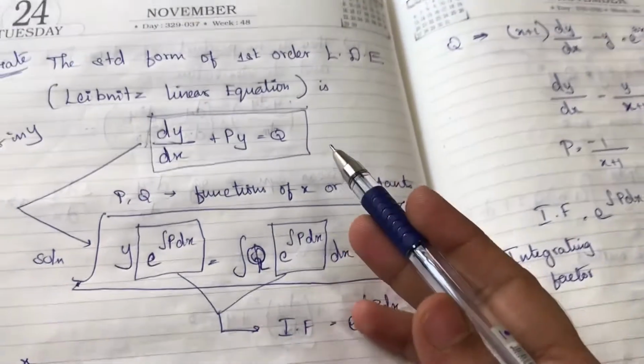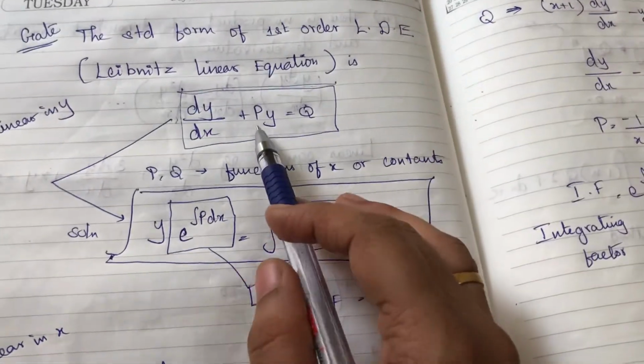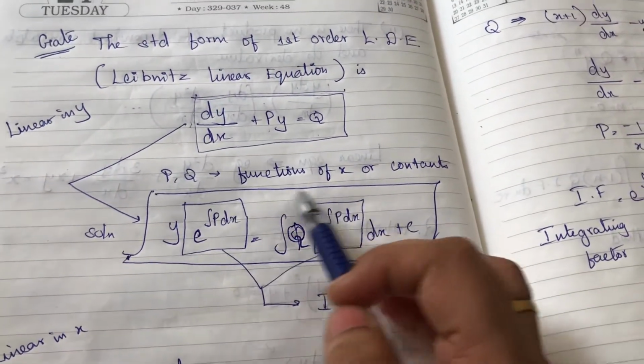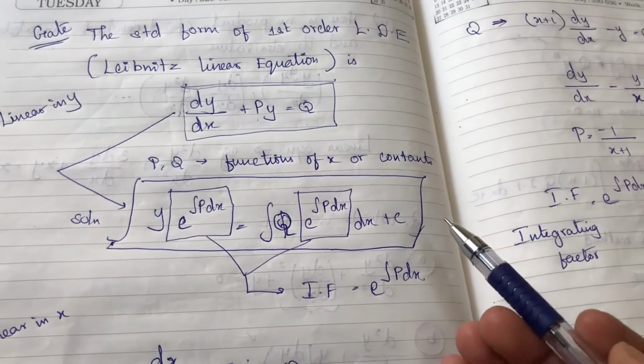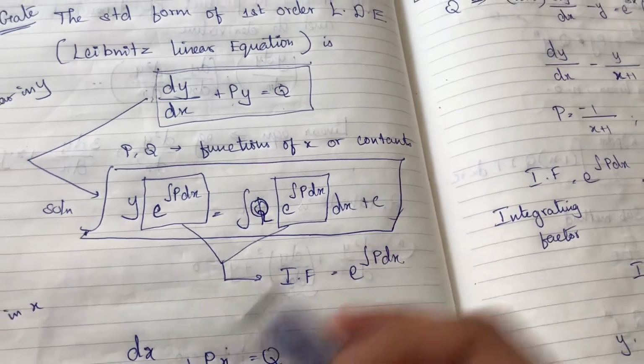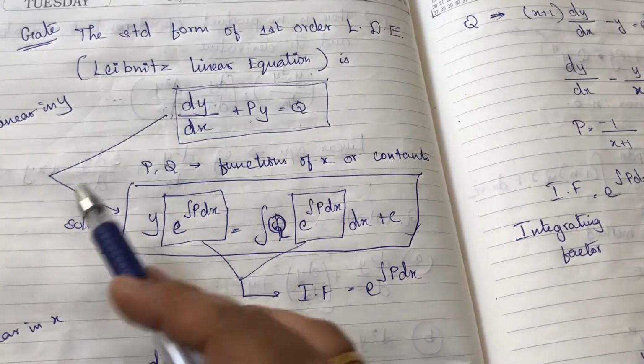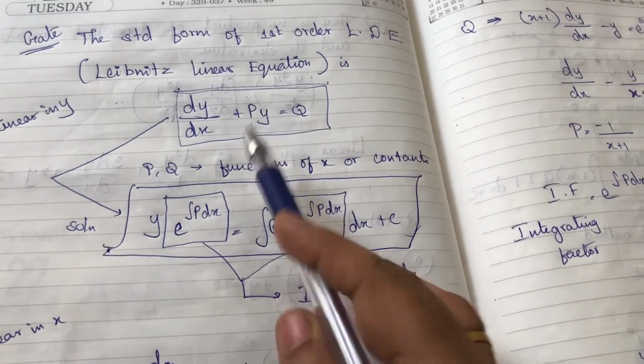If it is in this form, you can see here this P, Q are functions of x or constants. So I need to write the solution for this equation.